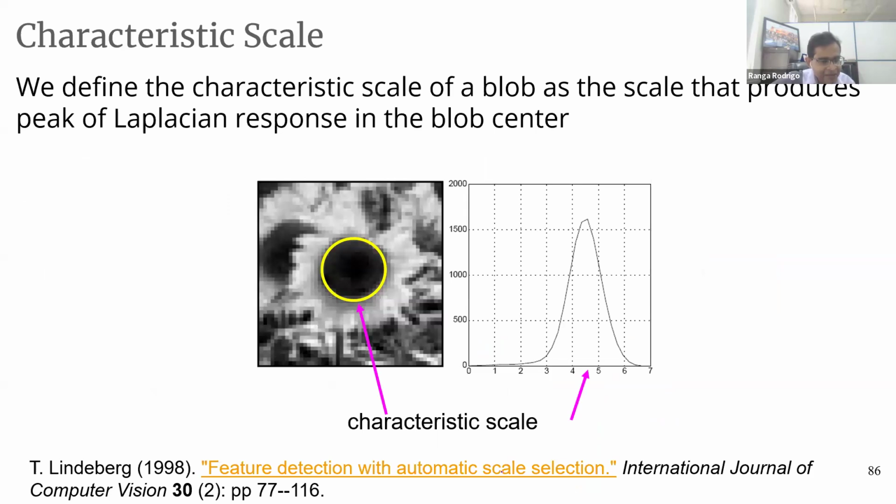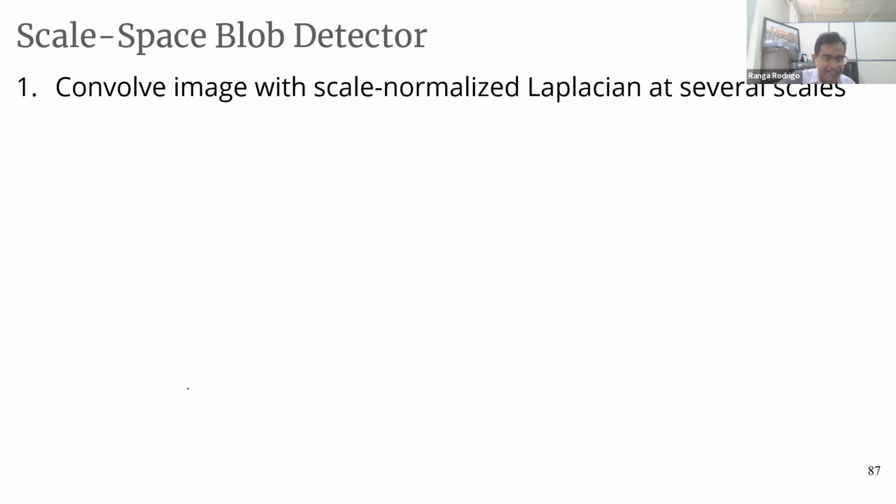Okay. This was by Koenderink and Tony Lindeberg. I have read parts of his book also. We define the characteristic scale of a blob as the scale that produces the peak of Laplacian response at the blob center. So how do you do this, in summary? Convolve the image with the scale normalized Laplacian at several scales.